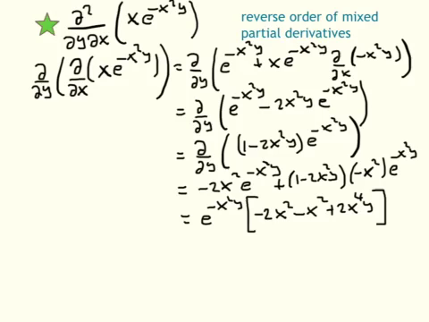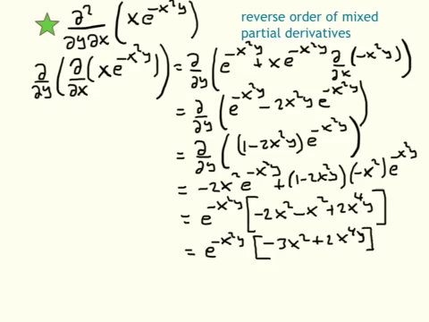So now we can just tidy this up a little bit. We have e to the minus x squared y. The first two terms are identical, it's minus 3x squared. The coefficients are different, but the powers of x are the same, plus 2x to the fourth y, close brackets.